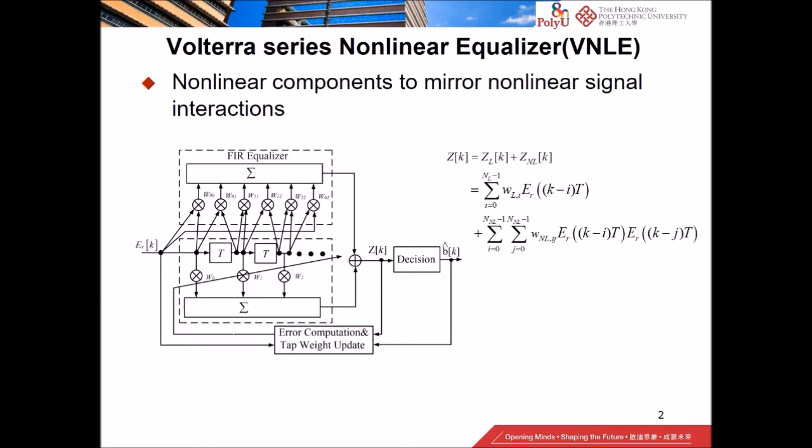In the simplest form, the Volterra nonlinear equalizer contains two components. You have the linear part, with the weights here, and also a nonlinear part. This is the simplest form of the Volterra nonlinear equalizer. It contains a term that has the square of the input signal, so this is a second order nonlinearity.